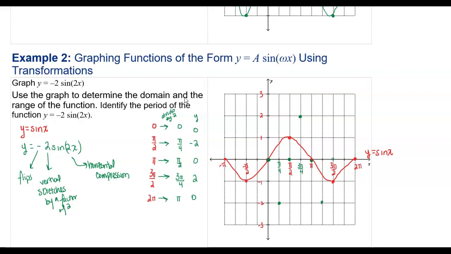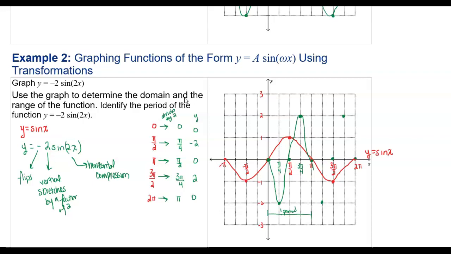And if we can keep going through that cycle to fill it out, but here our period has changed. We have a complete graph from 0 to pi. We have one period right there.